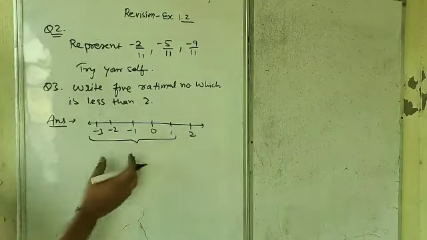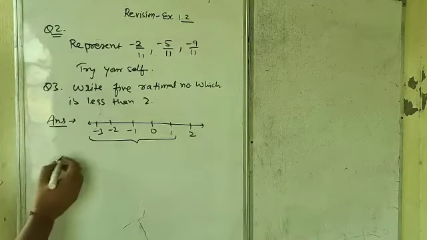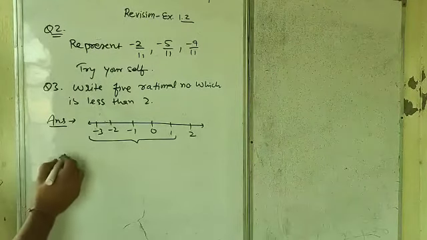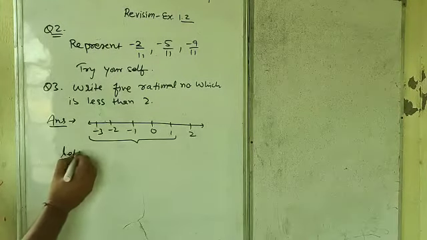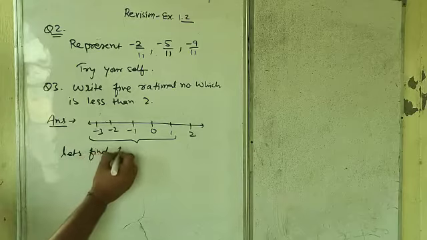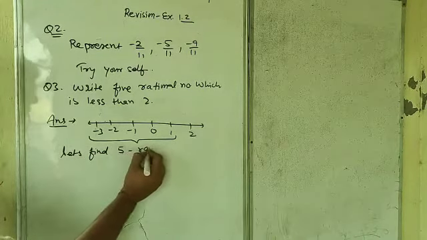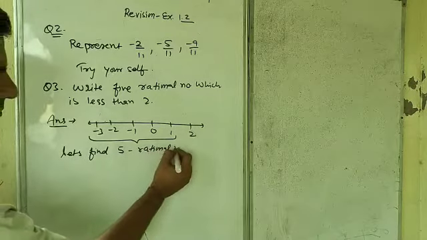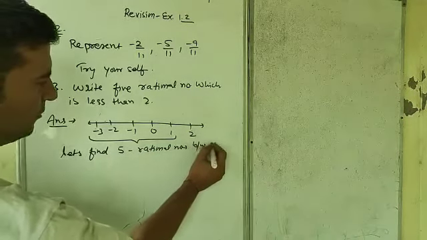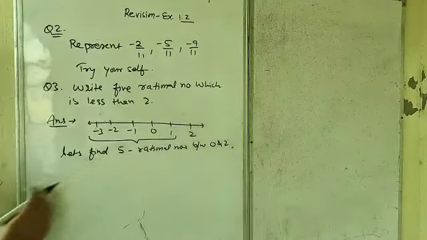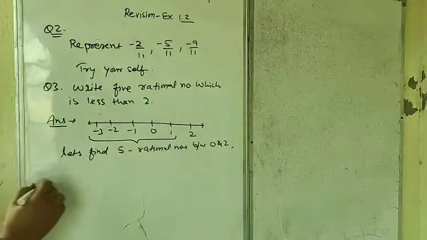Let us say we have to divide between 0 to 2. So 0 and now let's find 5 rational numbers between 0 and 2. 0 और 2 के बीच में अगर हमें 5 numbers find करने हैं, then what is the method?